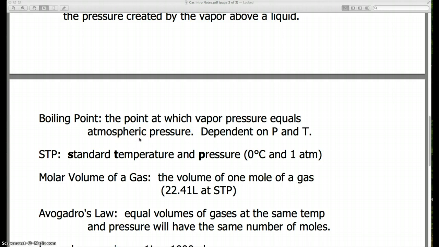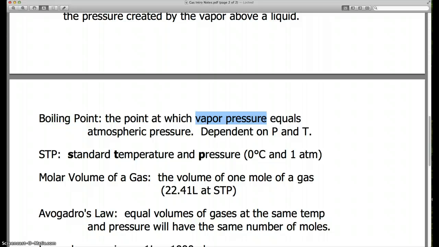Basically, what we do when we heat up water is we increase the vapor pressure, because as the water gets hotter and hotter, it evaporates faster and faster. More and more particles hang out above the surface of that water, and they create more and more vapor pressure.